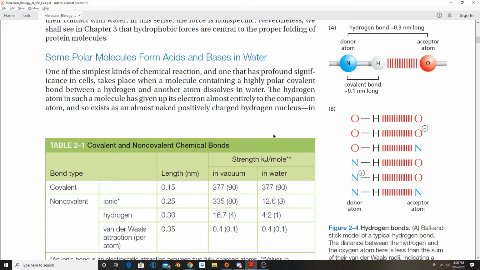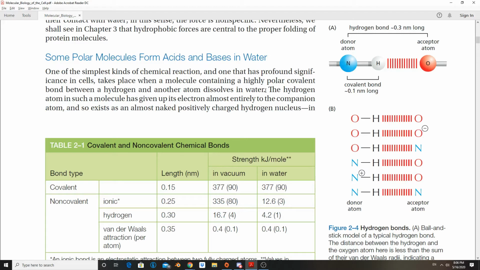So what this is talking about is basically what happens when a highly polar covalent bond between hydrogen and another atom is thrown in water, and hydrogen is just thrown around in the solution.